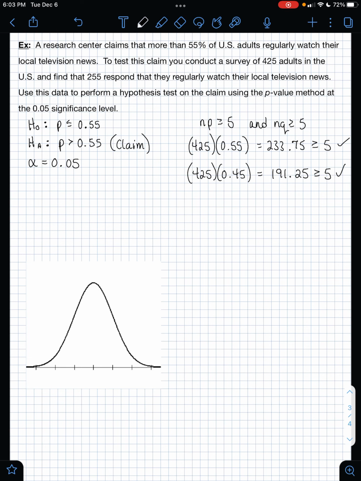Now, from this, we are ready to go forward into the remaining part of our hypothesis test. For that, we need to know our sample statistic. So going back to the problem, we are told that we conducted a survey of 425 and found 255 responded that they regularly watch their local television news.